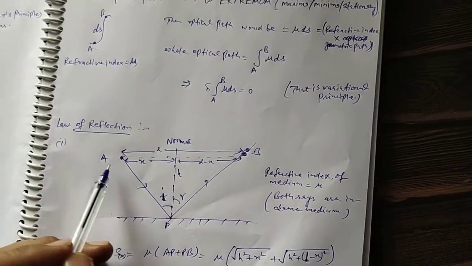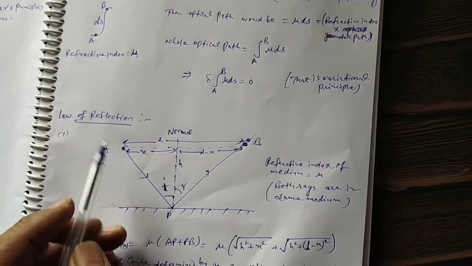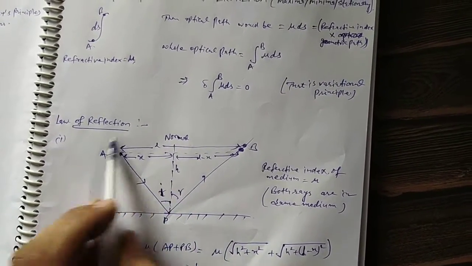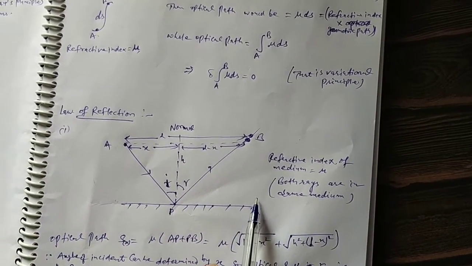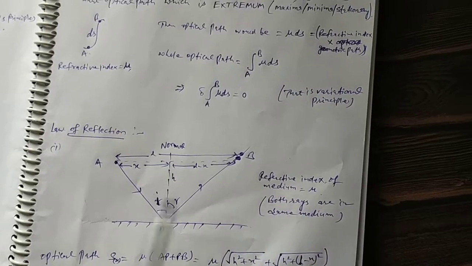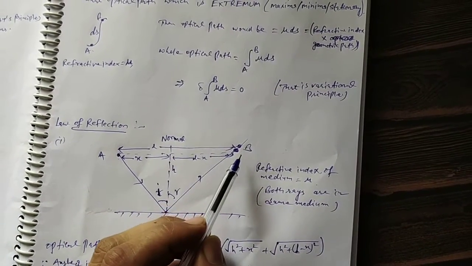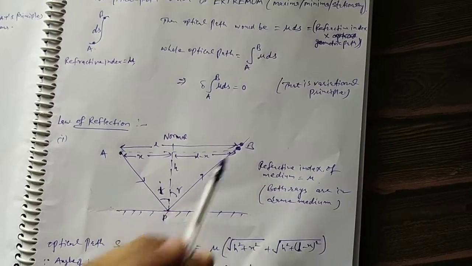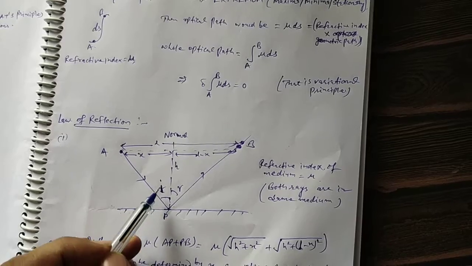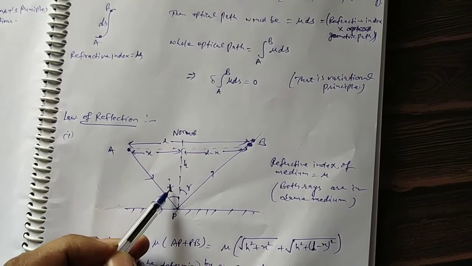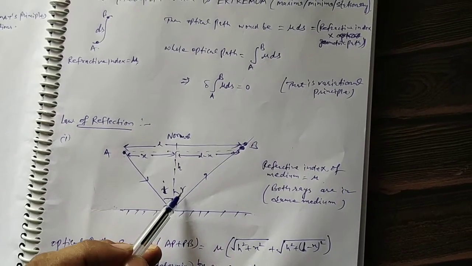But here is the case of a homogeneous medium, which means in all areas the refractive index is the same and equal to mu. So if AP is the incident ray and BP is the reflected ray, here this is the normal to the plane, I is the angle of incidence, and R is the angle of reflection.